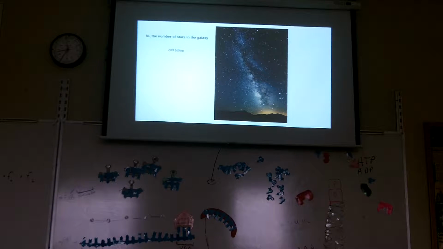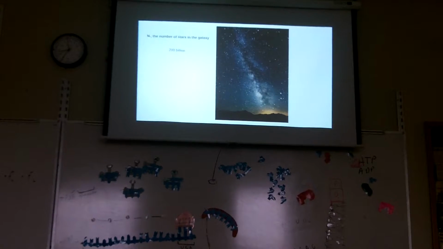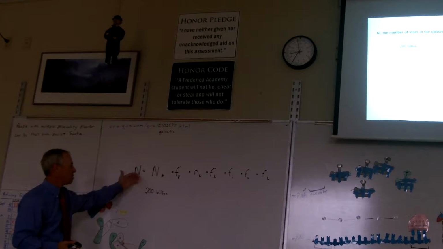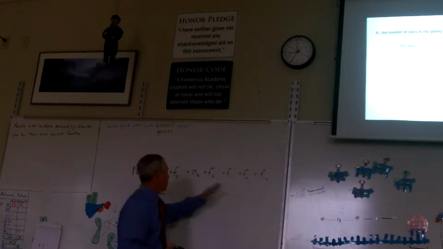How many stars are there in our galaxy? Does anyone remember? 200 billion. Oh, y'all just read it. 200 billion. That's the first number, and that's what you start with, and you're going to take this number and multiply it by all these.